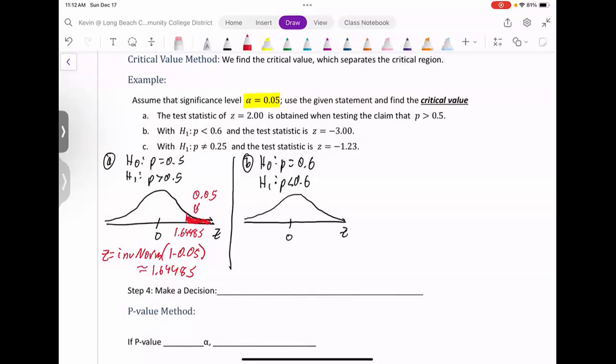I know that because it's a less than statement. And that is 0.05. And to find this one, our z value, inverse norm, is here.